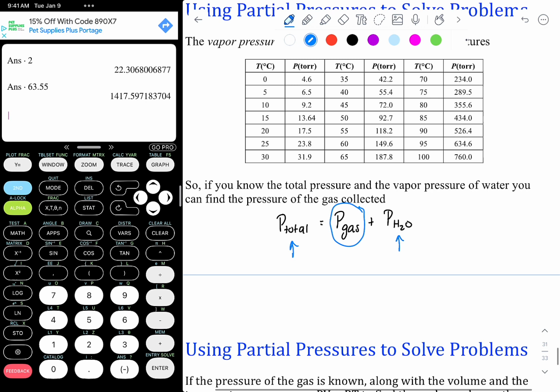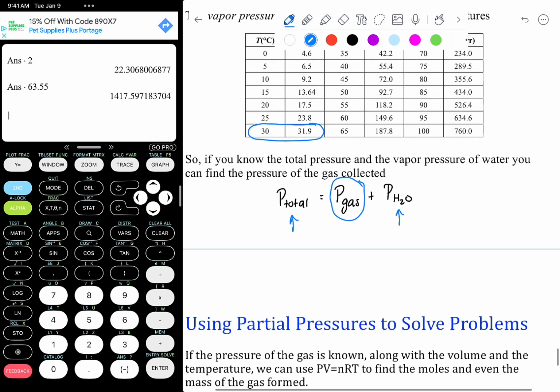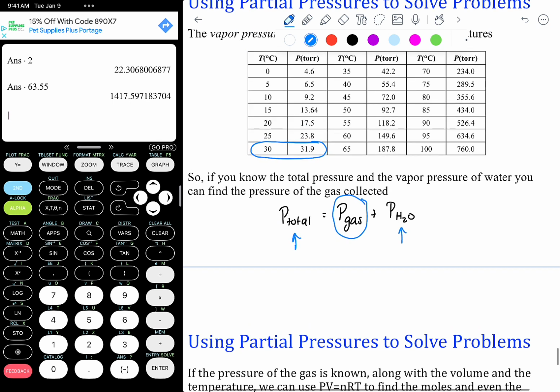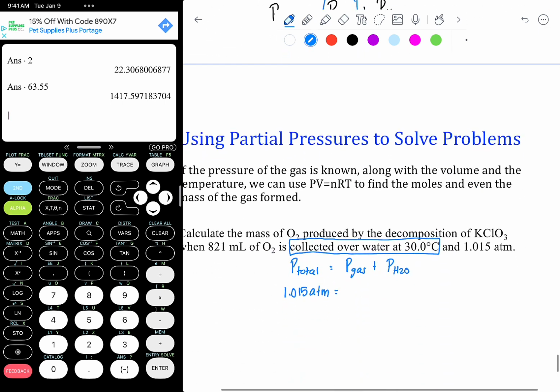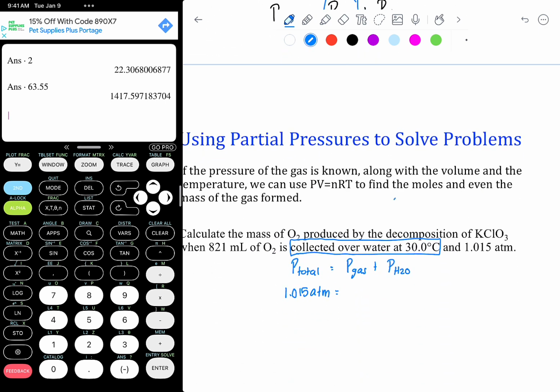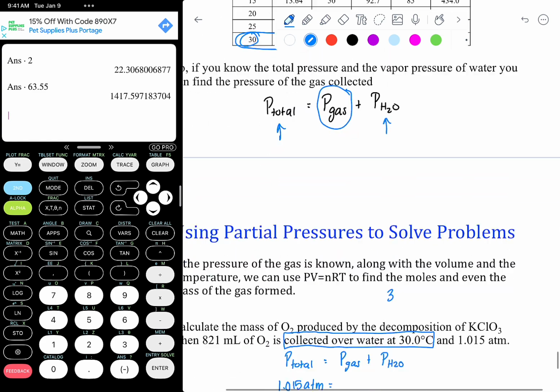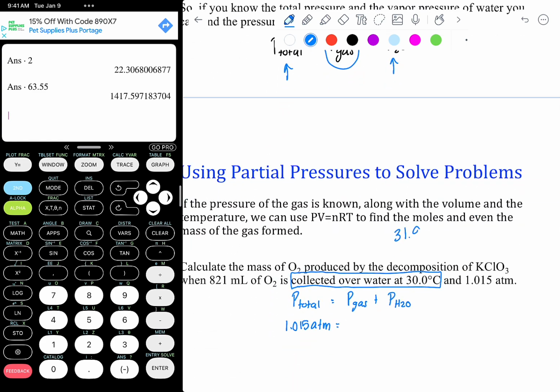So at 30 degrees Celsius, we have a vapor pressure of 31.9 torr, right? Here's temperature, here's pressure, 30 degrees Celsius, 31.9 torr.